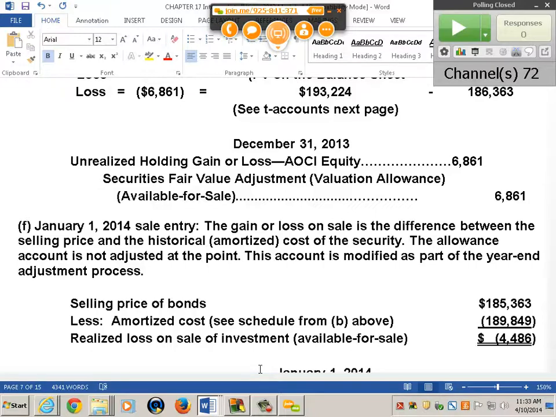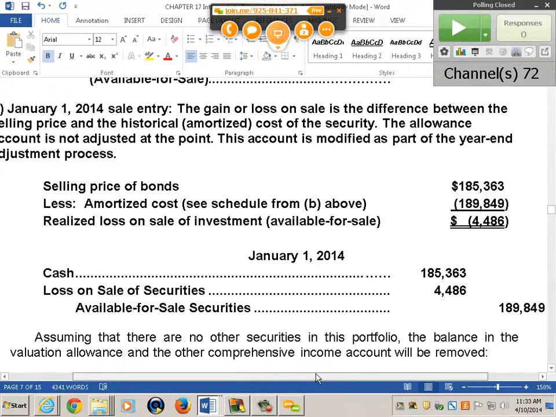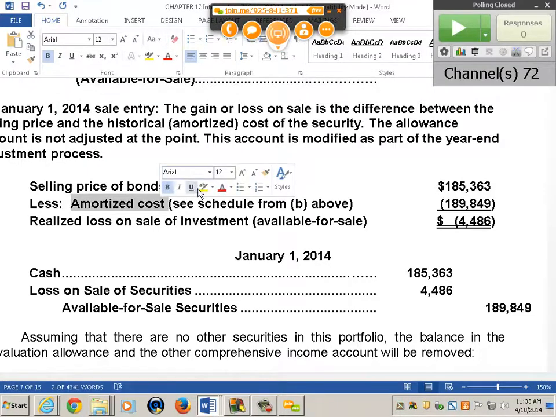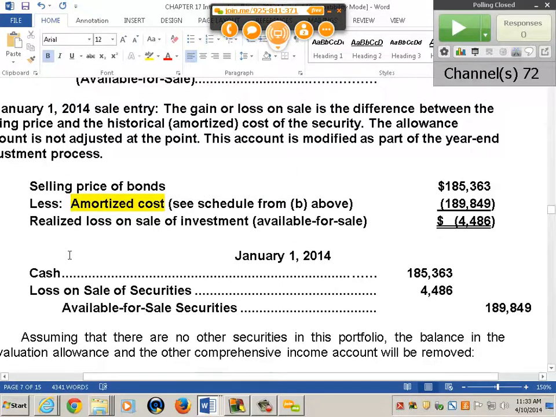That sale, in the calculation of the gain or loss, does not include the allowance account. It's the selling price minus the amortized cost. You do not consider the allowance. The difference between the selling price of 185,363 and the amortized cost of 189, not the carrying value, but the amortized cost, becomes the loss of 4,486. 4,486 is the loss.